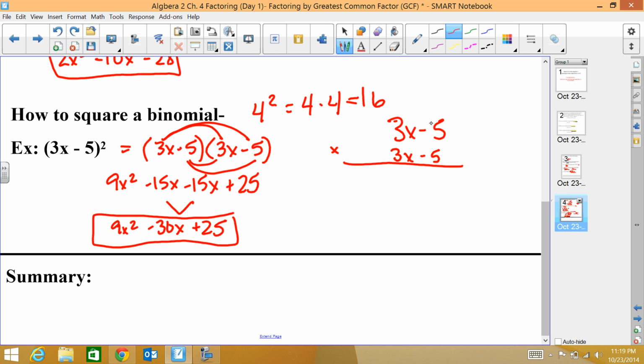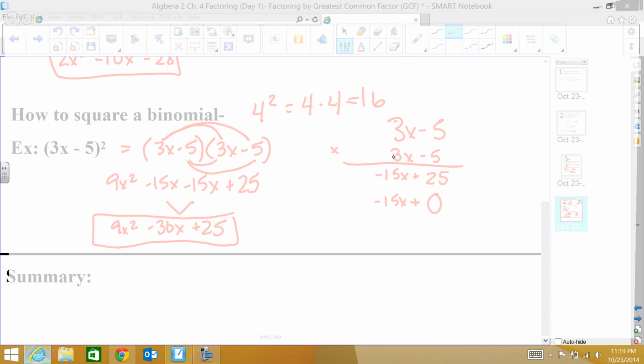then negative 5 times negative 5 would be positive 25. Negative 5 times 3x would be negative 15x. Then I would drop the 0. Then I have 3x times negative 5, which again is negative 15x.